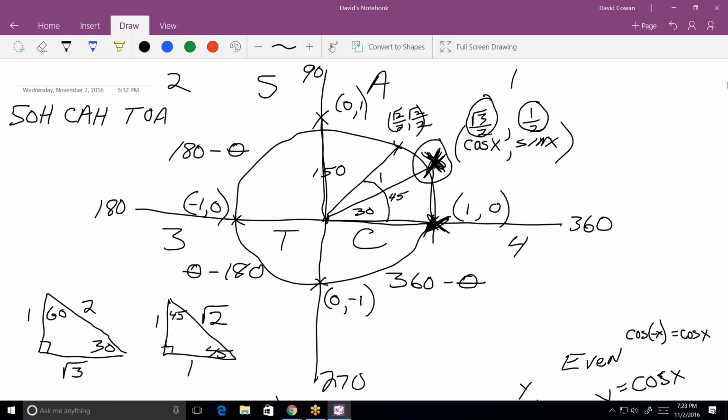Now, it might be kind of hard to make flashcards for trig. You wouldn't want this page to be a flashcard, but you might want a flashcard that had this triangle here on it, and on the other side of the card it said 30-60 right triangle.